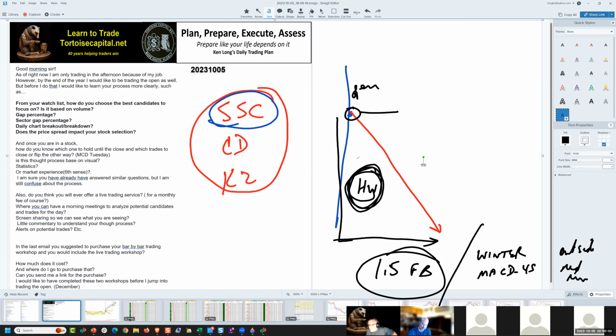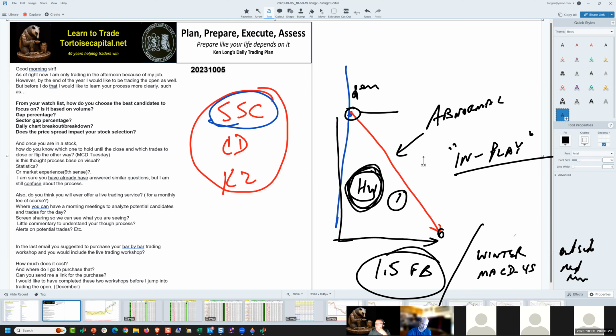What do I mean by a harsh winter? What I mean by a harsh winter is a move that is abnormally large. It's an abnormally large, fast move to the downside, and it tells us this thing is in play, that it is an exceptionally big move. And then what I'm looking for, so that's criteria one, harsh winter.